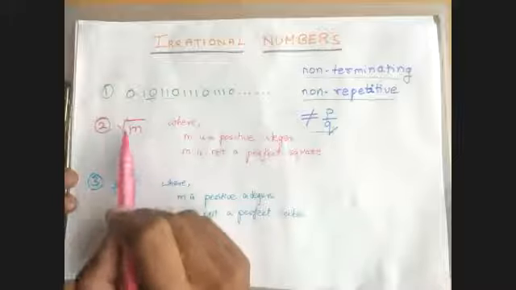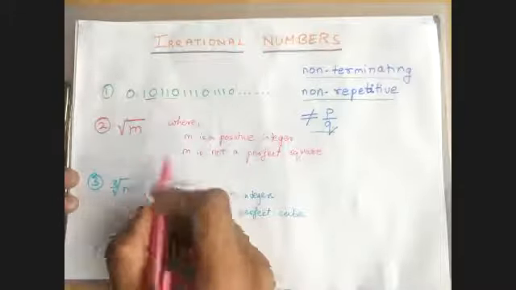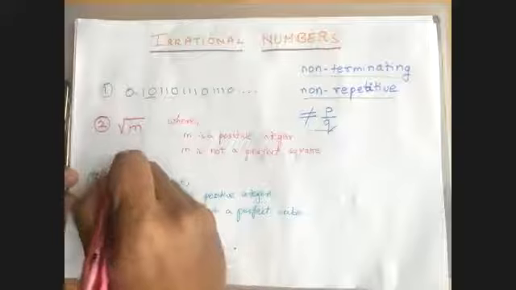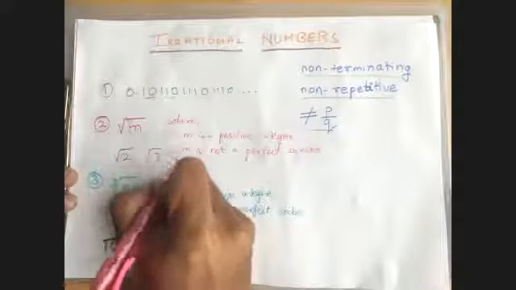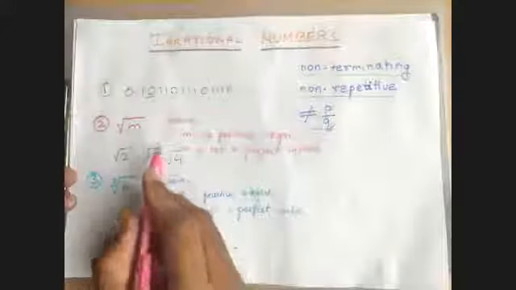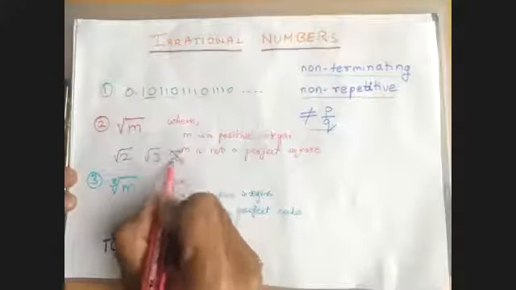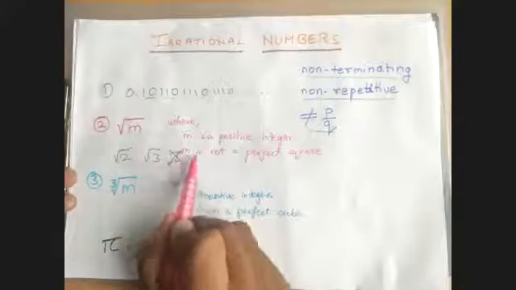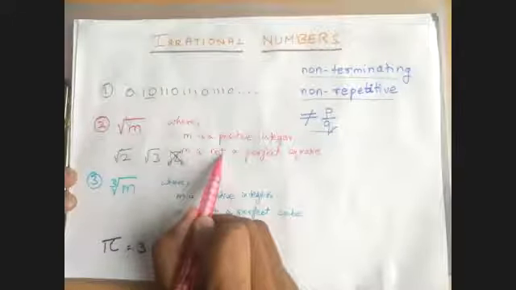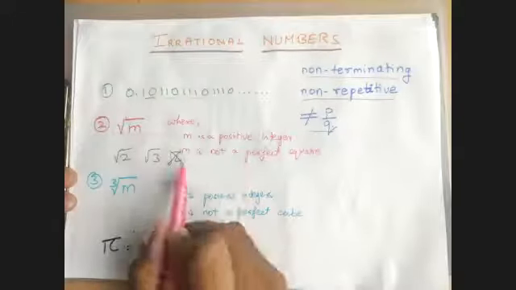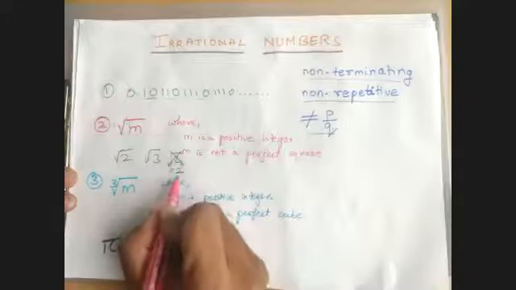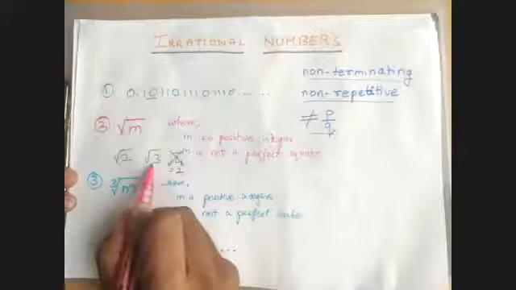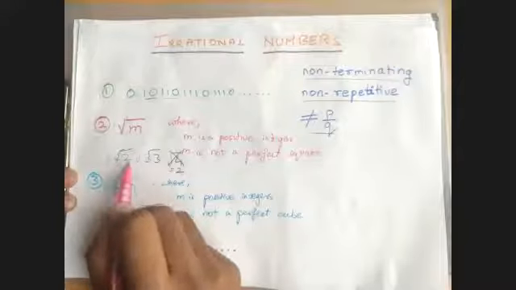Another example is root m. Root m might be anything such as root 2, root 3, root 4. Can this be? No, root 4 cannot be, because m, that is 4, is a perfect square. That means root 4 is equal to 2, which is a rational number. But root 3 and root 2 are not perfect squares.